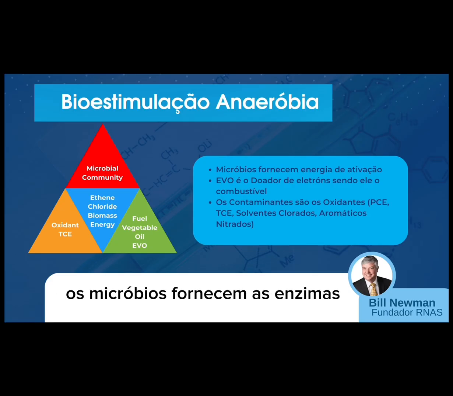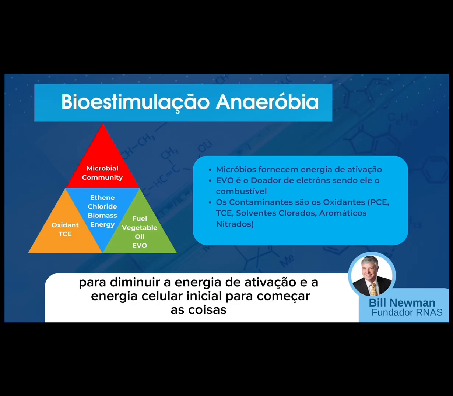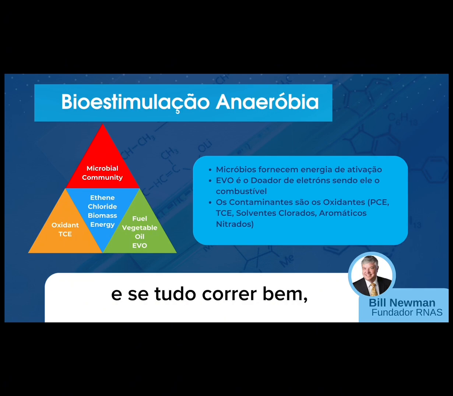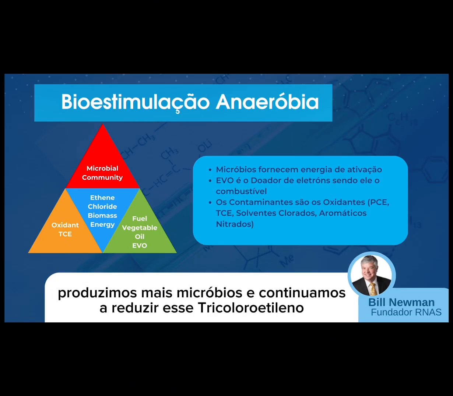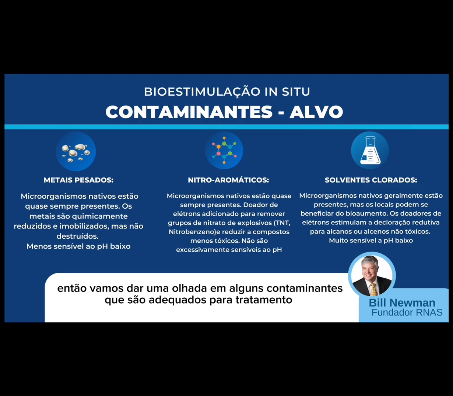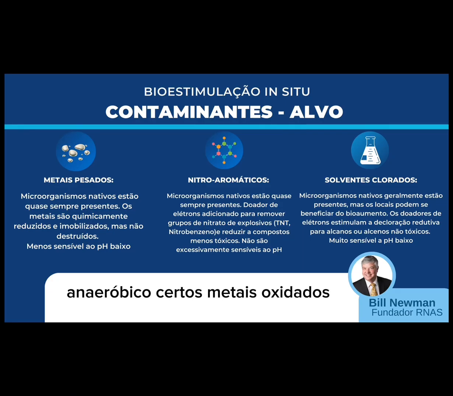The microbes provide the enzymes to lower the activation energy and the initial cellular energy to get things started. And if all goes well and we keep the microbes and our electron donor and our contaminant in the same place at the same time, we make more microbes and continue to reduce that trichloroethene to harmless ethene. So let's look at some contaminants that are suitable for anaerobic treatment.